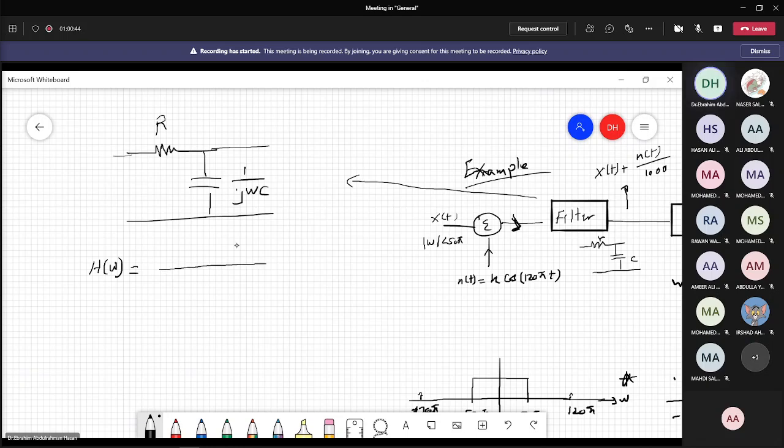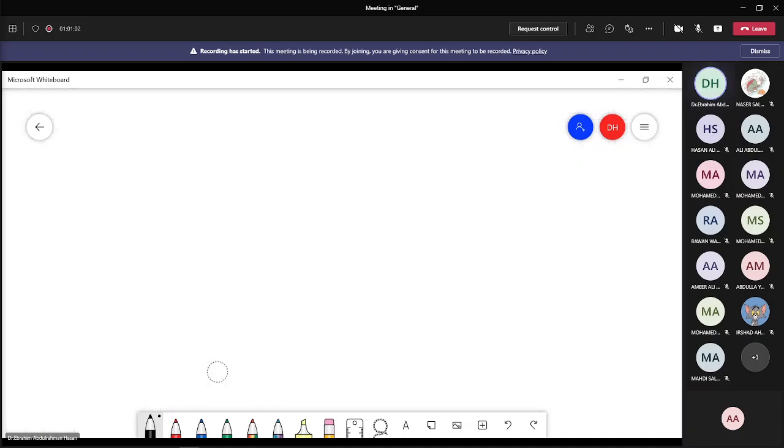The voltage here is 1 over j omega c divided by R plus 1 over j omega c. If I multiply by j omega c, here we have 1, and here 1 plus j omega, right?